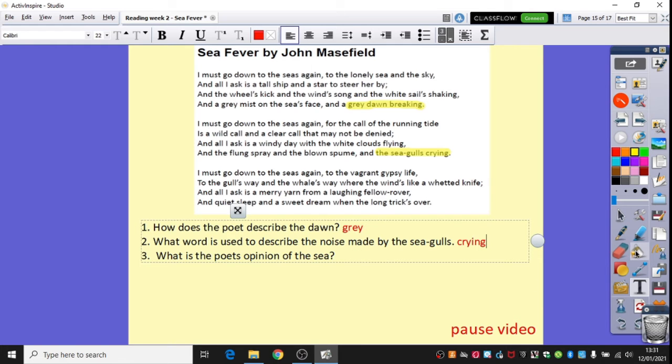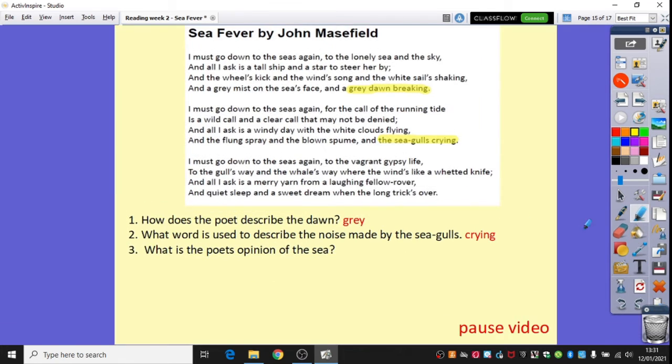So some of the words and phrases that I think might help me here: as I was reading, I thought the modal verb must is quite important, and he's used that a few times. I also thought an important word was when he was saying for the call of the running tide. So he's been called down to the sea.